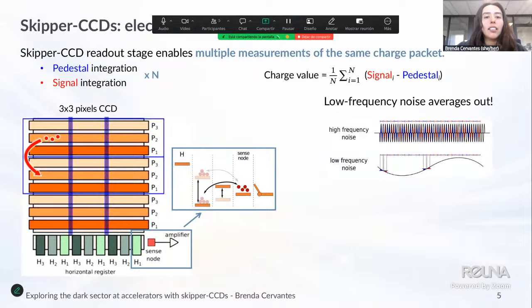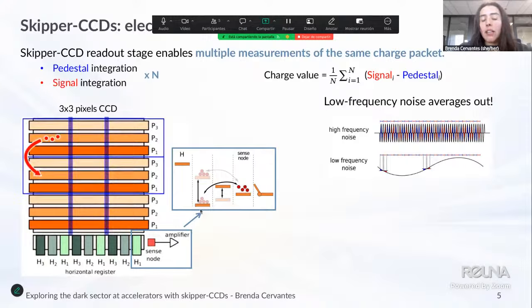So what are skipper-CCDs? Skipper-CCDs have the same structure as a CCD, but what changes is the readout stage. In this readout stage, we have what we call a floating gate sense node that enables performing multiple measurements of the same charge packet without destroying or corrupting it.